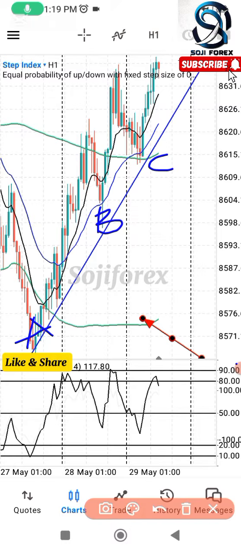I'll wait for price to pull back to the trend line so that I can make my trade entry. And just as you can see, price pulled back to the trend line.